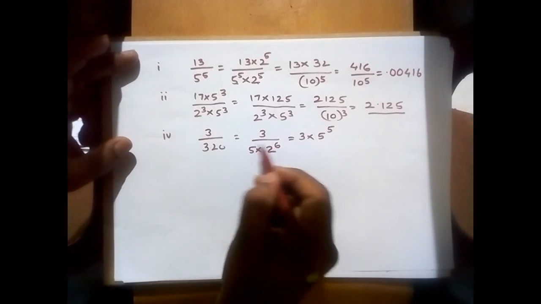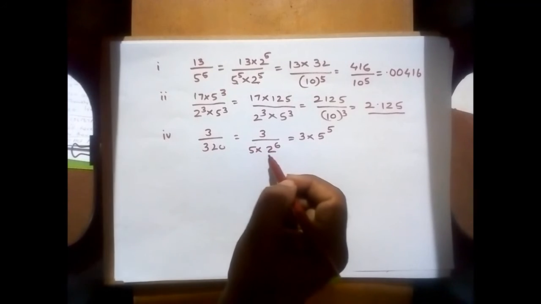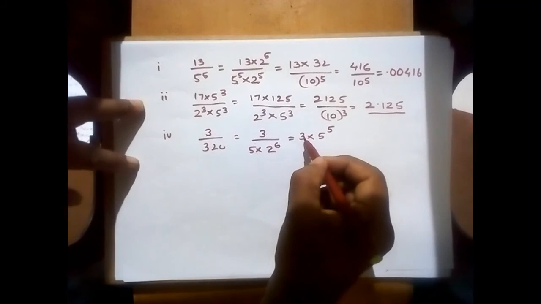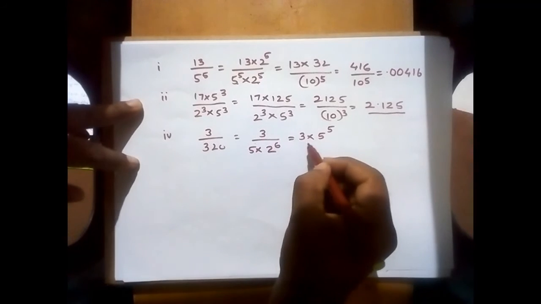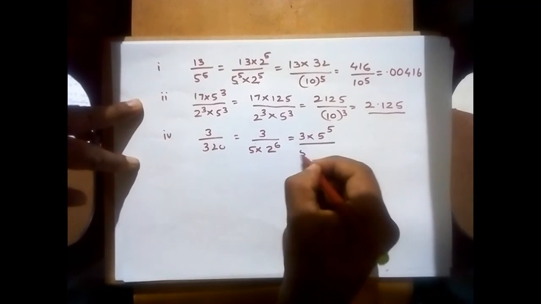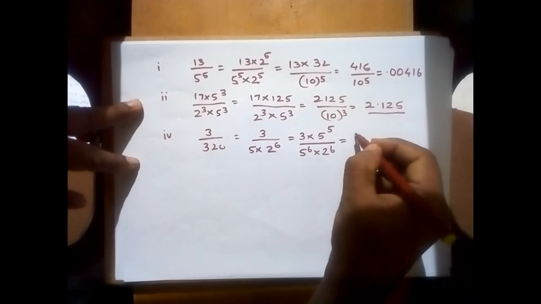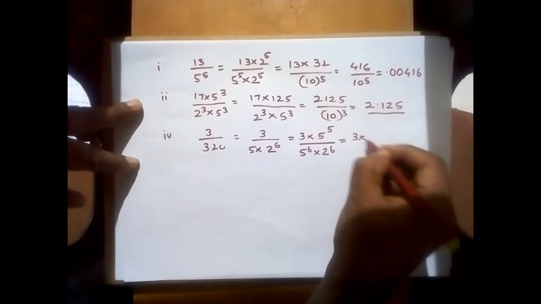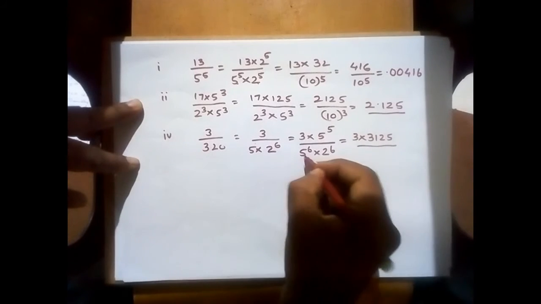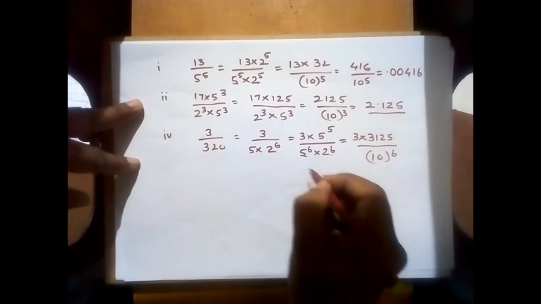So I have to match this and this. So I have to multiply with the 5 raised to 5. When I multiply the denominator, I have to multiply the numerator also. So that is why I am multiplying 3 with the 5 to the power of 5. So this 5 to the power of 5 will become 5 to the power of 6 into 2 raised to 6. So this is equal to 3 into 3125 divided by 10 to the power of 6.